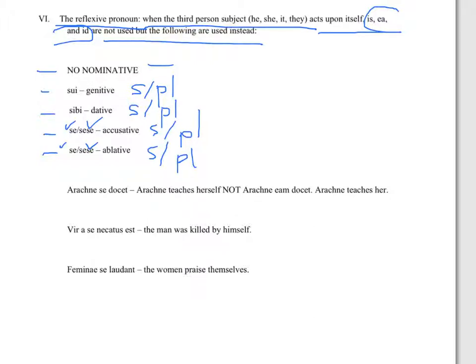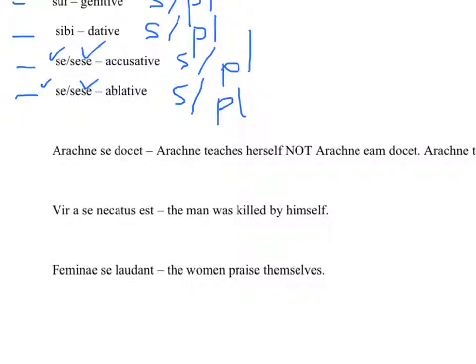So instead of using is, ea, id, when you want to emphasize himself, herself, itself, or themselves, you use sui, sibi, se. So look at this example. Arachne se docet. Arachne teaches herself.